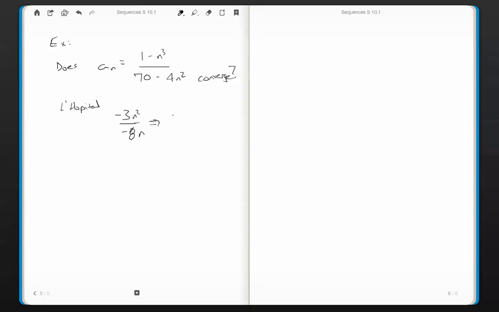That becomes negative 6n over negative 8. All right, so now we're talking. So now it's 6n over 8. So that definitely goes to infinity. So the answer is it diverges.